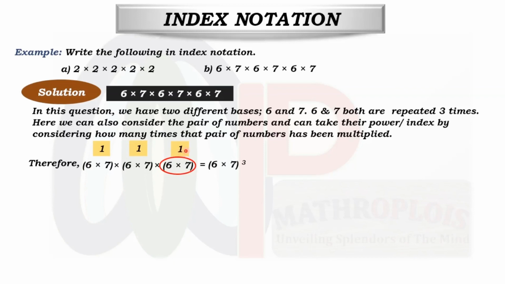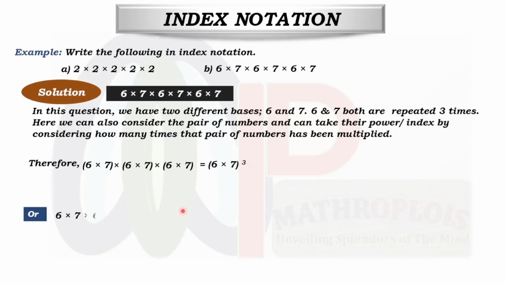Now add all indices of the pairs, that is 1 plus 1 plus 1. It equals 6 multiplied by 7, whole cube. Here, the pair 6 multiplied by 7 is the base, and cube is its power, exponent, or index.